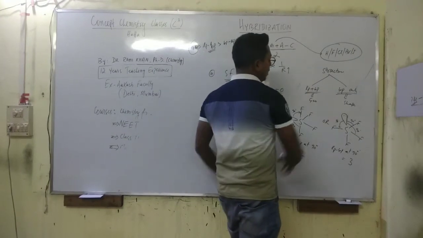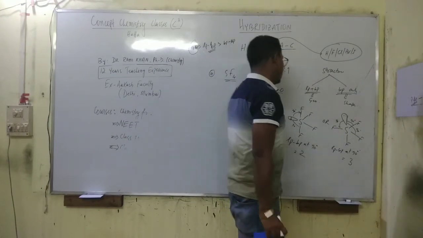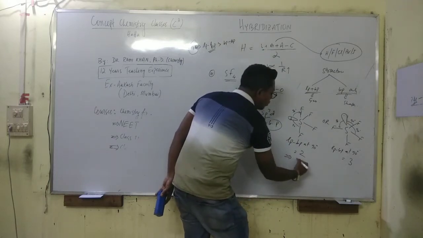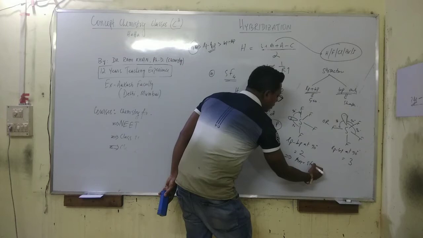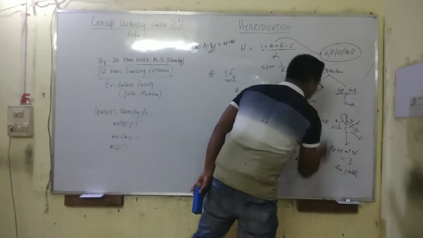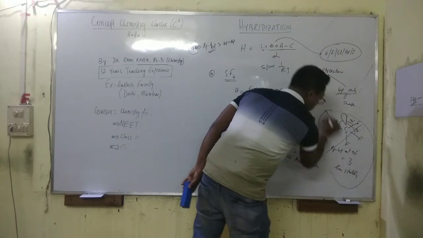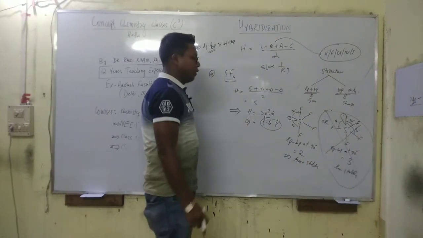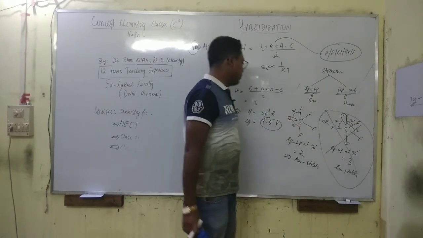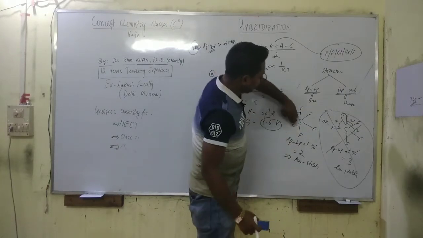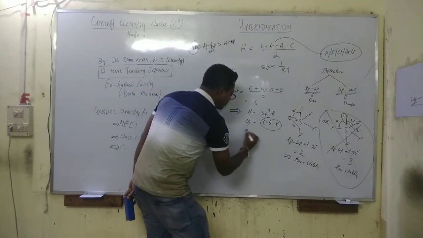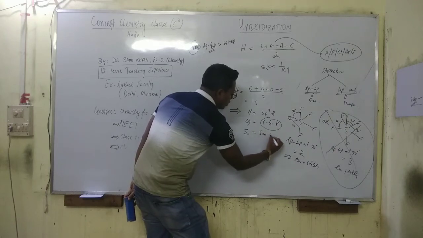So repulsion is larger here, and this has lesser repulsion, therefore this is more stable and this is less stable. So we can cross out this structure of SF4. This has higher stability, therefore the shape of SF4 will be seesaw.